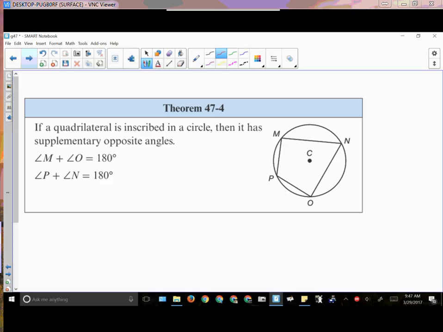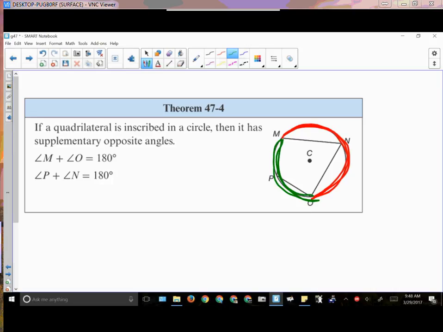So basically it points out that opposites here have to be 180 degrees. If you think about this for a second, if I'm looking at angle P, it opens up to this. If I am looking at angle N, it opens up to this.